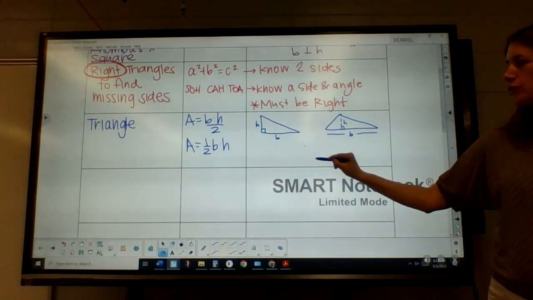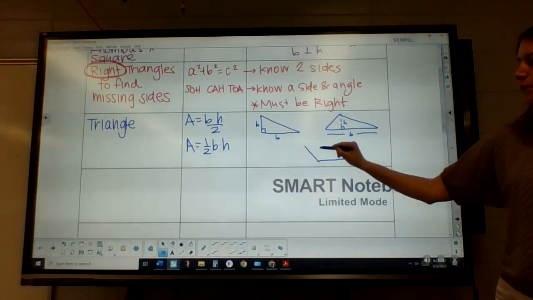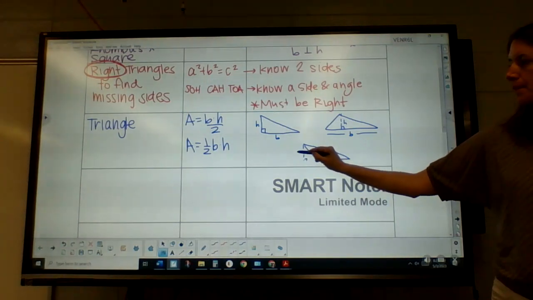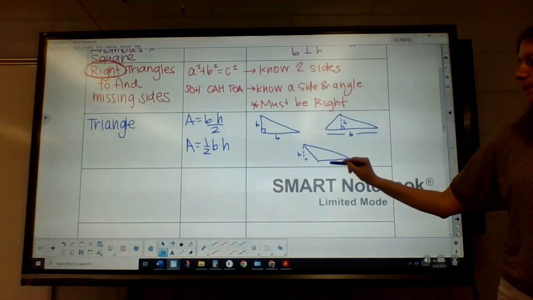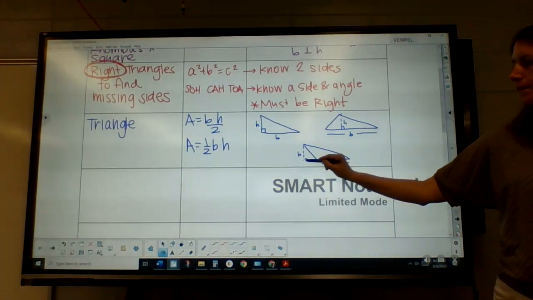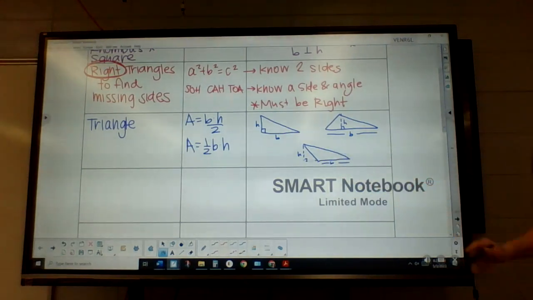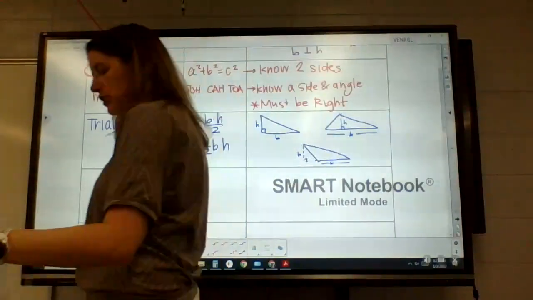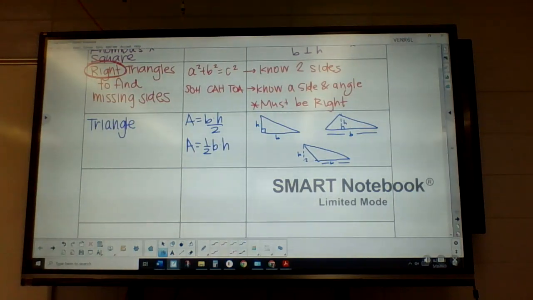And then like an obtuse triangle, this one, the height's completely outside the shape. And if you can't tell what I'm writing there, let me know. I can try to draw a better picture, but we drew these in our notes as well.